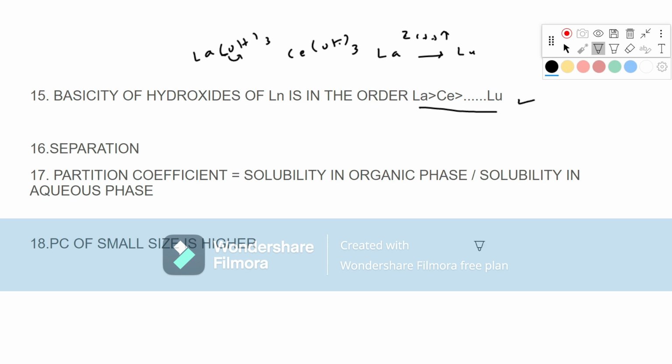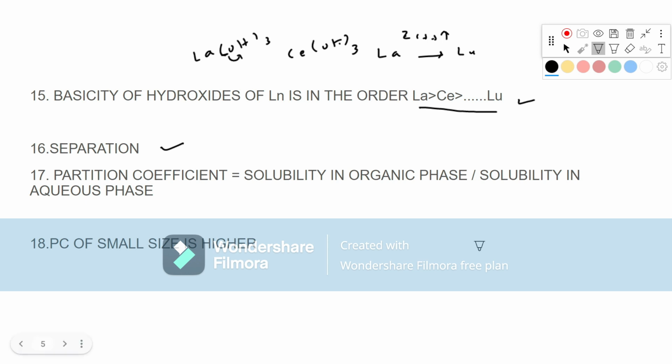Next, there are separation techniques to separate the lanthanides, so you can read them by yourself. These are not that important, but have a look once. Next is the partition coefficient. The partition coefficient formula is solubility in organic phase over solubility in aqueous phase.